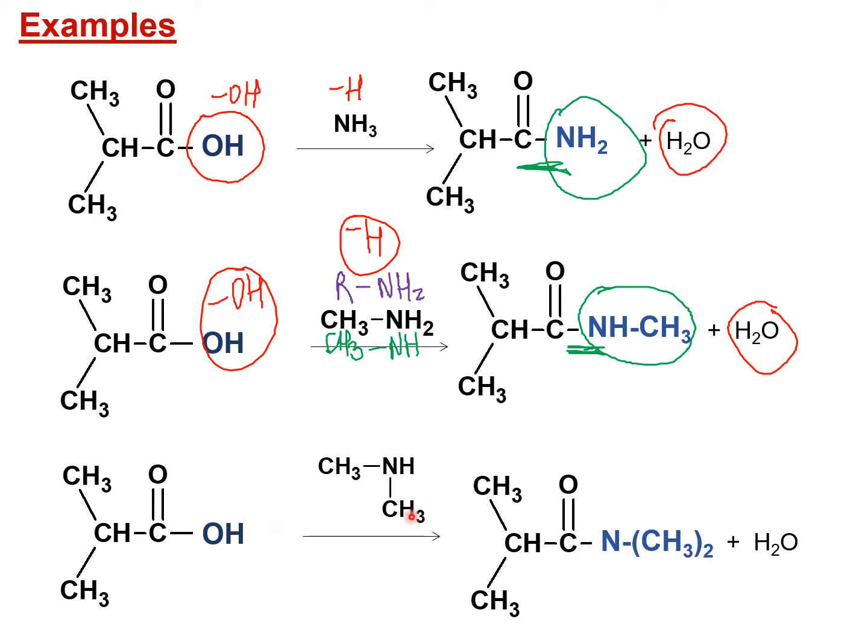Carboxylic acid dia react dengan secondary amine. Okay, so you boleh you focus dekat this NH lah because we want to remove one of the hydrogen sahaja dekat this NH. Lepas tu dekat OH ni kita akan dekat carboxylic acid kita akan remove OH, ya. So what happen here, N ni akan terus melekat dekat this carbon. So kita lekatkan N ni. And since dia dah hilang the hydrogen untuk form H2O, as a side product with this OH.